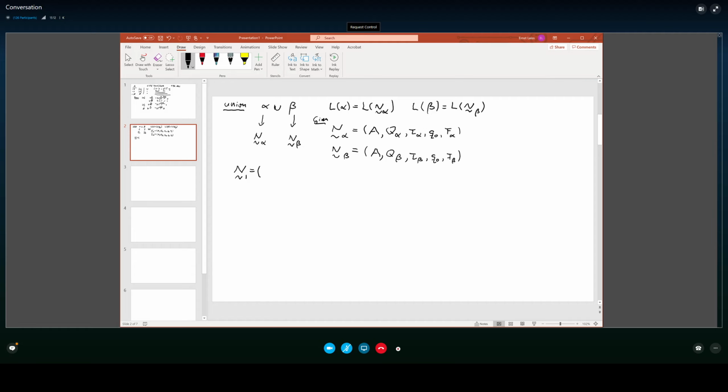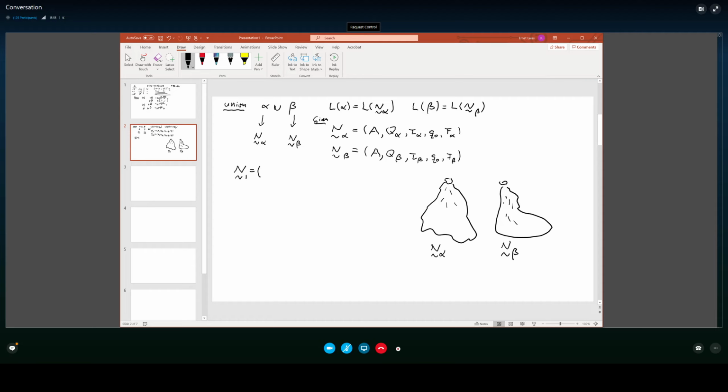So let me draw a simple diagram. So there is n sub alpha. And there is n sub beta. So intuitively, and there are transitions and whatever, these are diagrams, the usual whatever we do when we draw a diagram for a non-deterministic finite automaton, transitions leaving the states and so on and so forth.